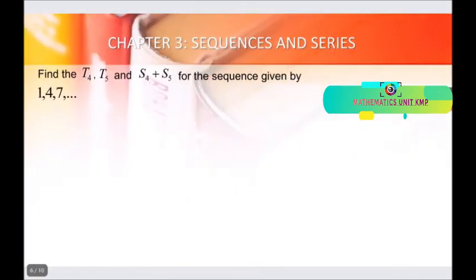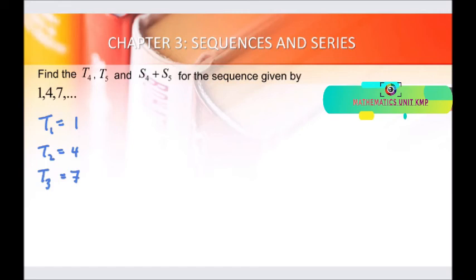Let's look at the example. Find the fourth term, fifth term, fourth partial sum and fifth partial sum for the sequence given by 1, 4, 7. Okay, so from here we know the first term is 1, second term 4, the third term is 7.